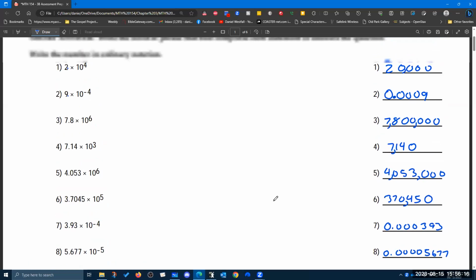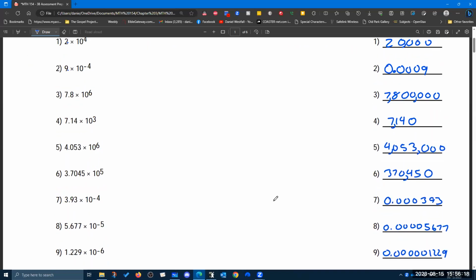big or very small in a condensed form, and it helps us to see the digits that are what we call significant.